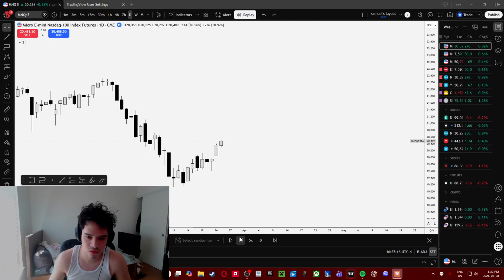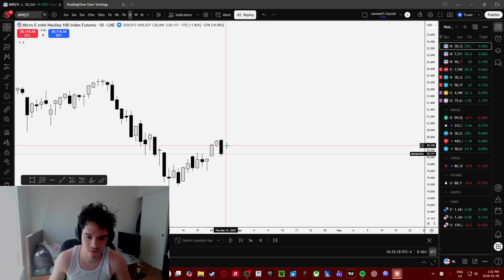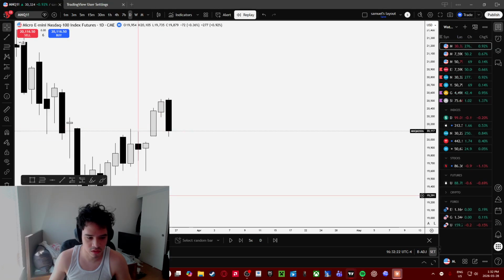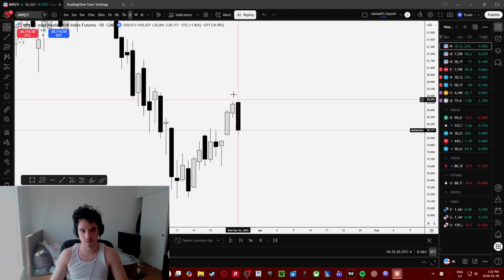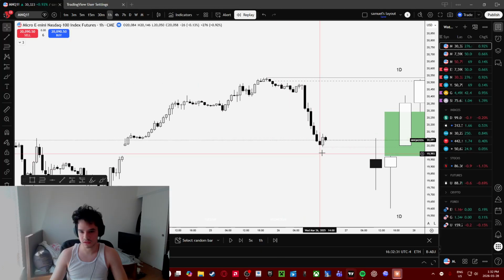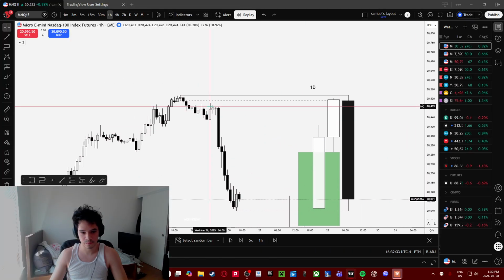Manipulation of a low, we're trending upwards, fair value gap, and we have a candle 2. Okay, we have a candle 2 and expansion there. So what do we do? We go down the time frame and then we confirm this candle 2. As we confirm it, we have to see if there's a PD array as well. Now we have the candle 2.